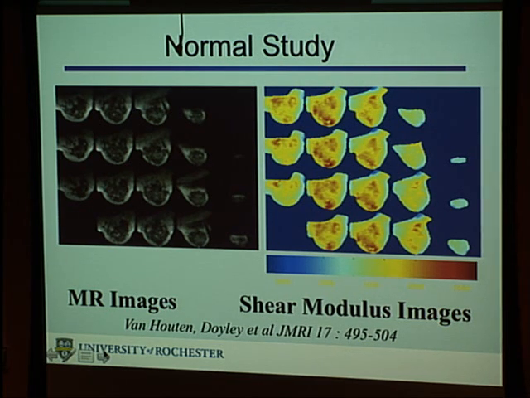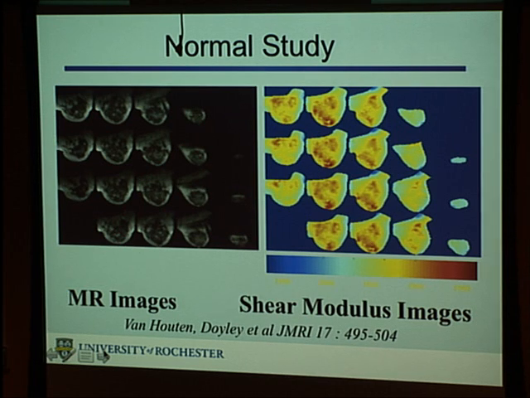And you want to know, basically, invasive ductal carcinoma, things like that, are they become very hard. And so these are people at Dartmouth. Marvin Doyley's now at Rochester, but when he was at Dartmouth, he was with a group. They were doing the MR imaging plus then the addition of the shear waves.